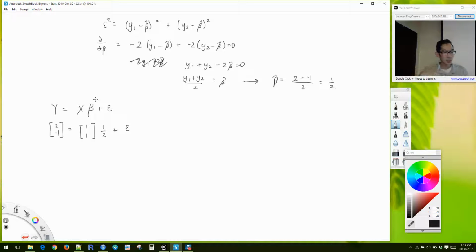Okay, so I'm going to generalize this to a three-dimensional case where we have three data points and two variables, and we'll see the same kind of process, and then that can be generalized to n-dimensional space. But we can't visualize n-dimensional space.